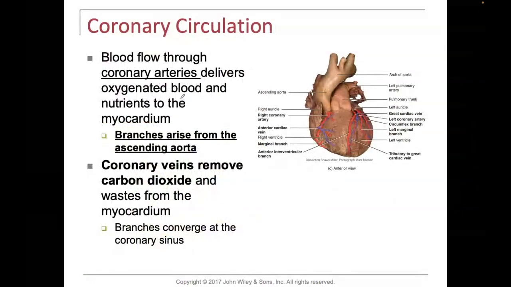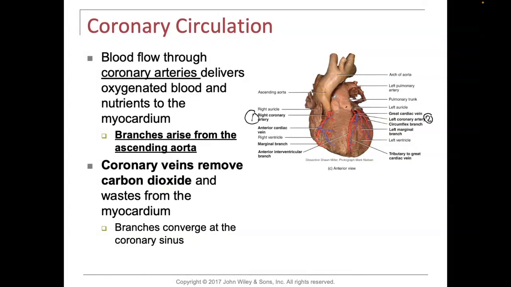So blood flow through the coronary arteries is going to deliver oxygenated blood to the myocardium. So the coronary arteries, here is the arch of the aorta, here's the pulmonary trunk. We can see the right coronary artery right here, and then coming from in here, you can see the left coronary artery.